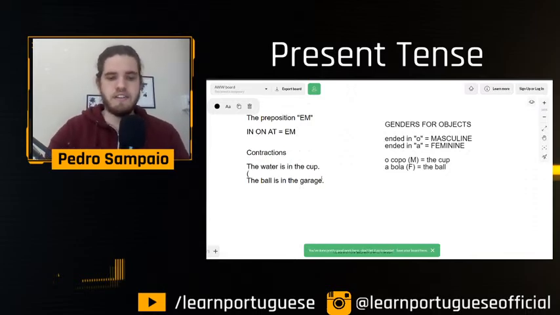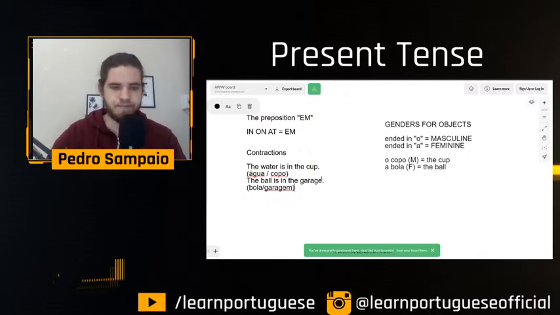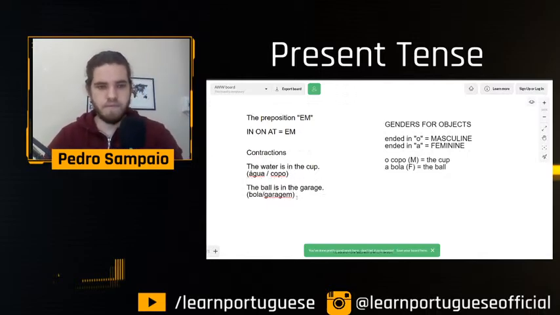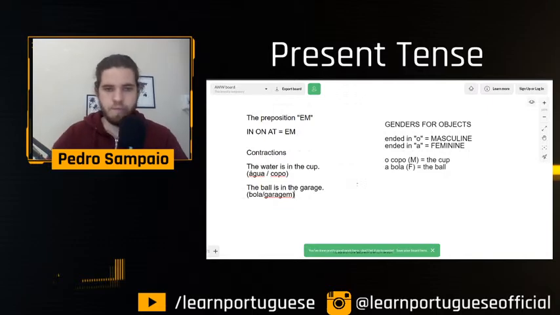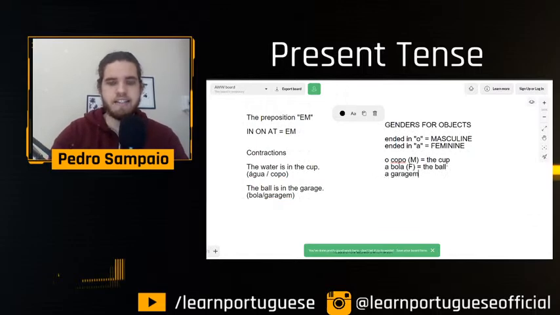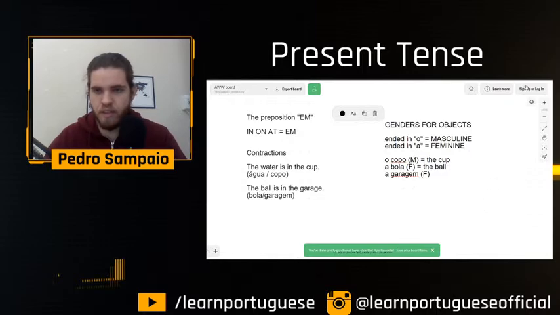Let me give you some words. Água and copo for the first sentence, and bola, garagem for the second sentence. By the way, garagem is also feminine. It's a garagem. It doesn't finish in a, but it's feminine. Let's see if you guys can nail it.